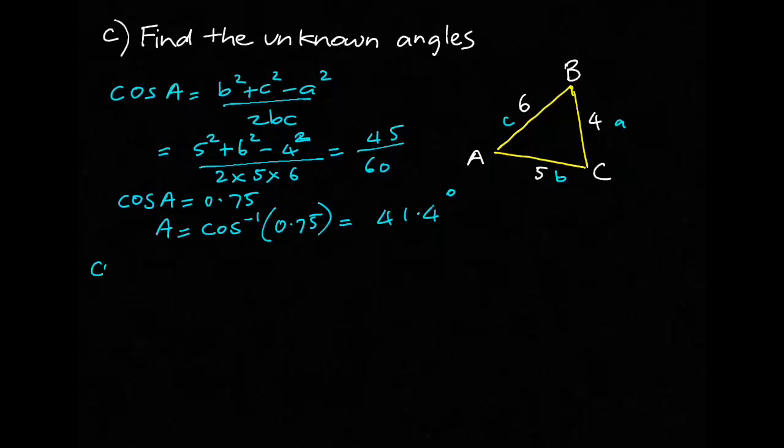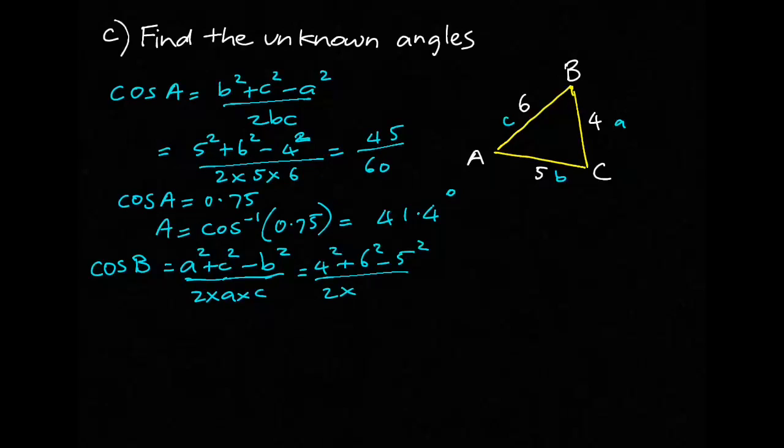Now going through the same motions to find B. So cos B equals a squared plus c squared this time, minus b squared. So it's both adjacents minus the opposite, all on 2 times the adjacents multiplied out, is equal to 4 squared plus 6 squared minus 5 squared on 2 times 4 times 6.